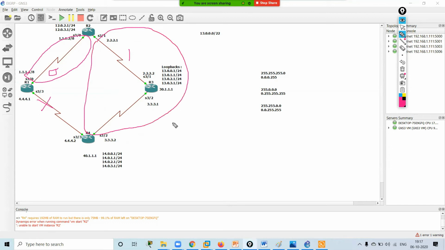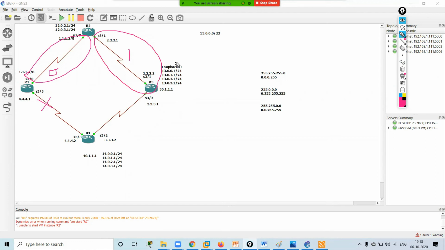This is one solution. If you don't want to extend, why? Because as I told you, Cisco recommends that there should be only 40 to 50 routers.